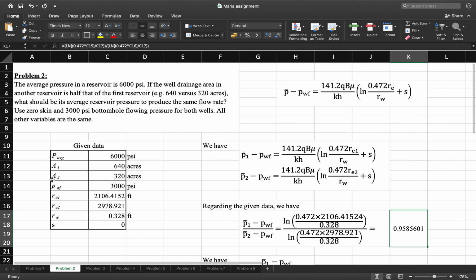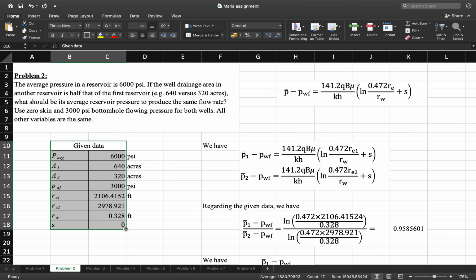In problem 2, you will have the given data here. I already have a table here for you. And the request of this problem is: what should be its average reservoir pressure to produce the same flow rate? So you will have the average pressure minus bottom hole pressure equal to this one. And you will have two areas, A1 and A2.